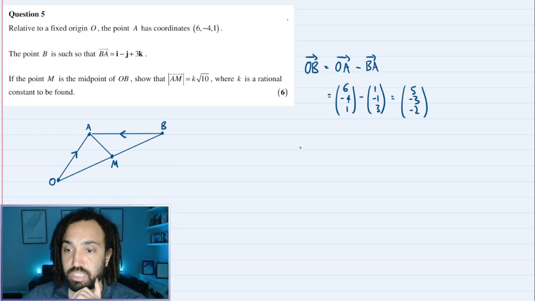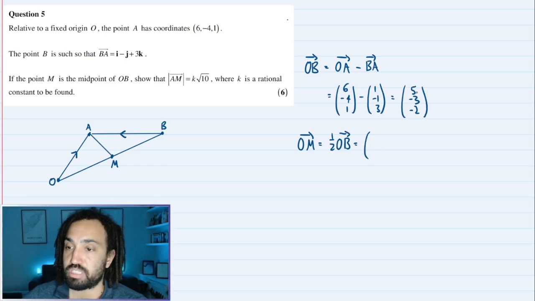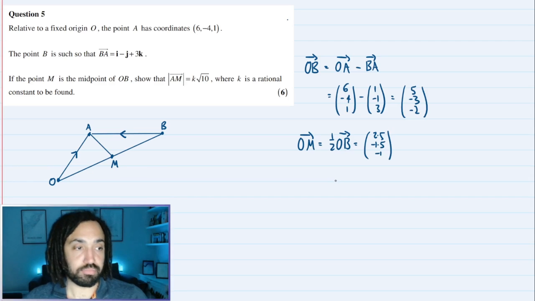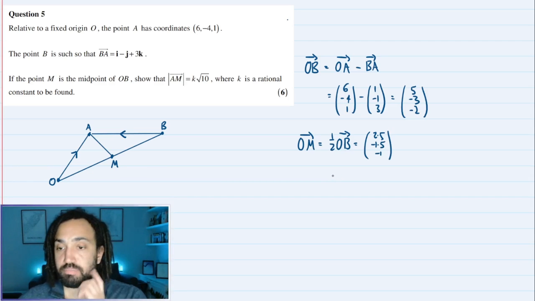So now we can find O to M, which is the midpoint of O to B, so it's half of O to B. So it's just this halved, so it is (2.5, -1.5, -1). Perfect.